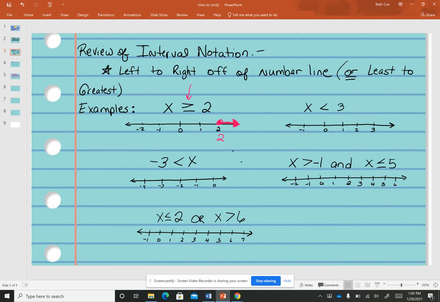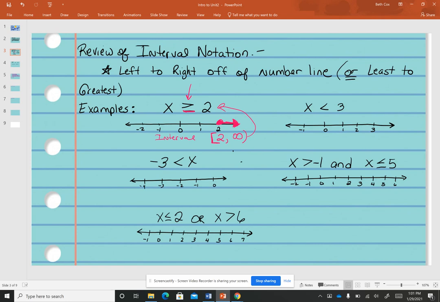The right number that's colored is an arrow that represents positive infinity. So now the equal sign indicates we're equaling to, so we use a bracket. The infinity is never equal. You can't literally equal infinity, so it takes a parentheses. And so this is the interval notation for that expression.